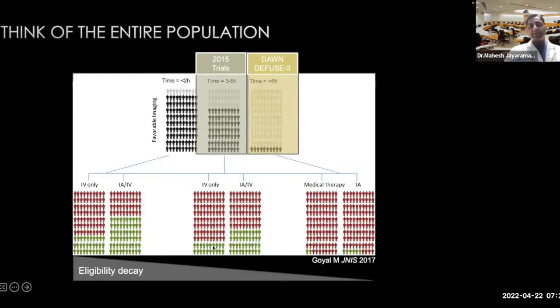In the greater than 6 hour time window, a lot of patients are ineligible, but these patients do benefit dramatically. The real key and the challenge throughout the world, especially in some of the nations in the developing world, is the patients in the time window less than 2 hours.